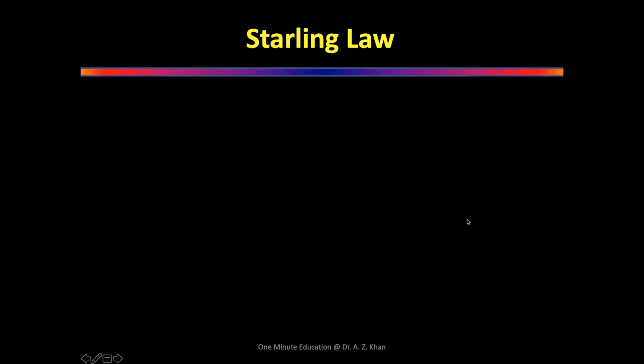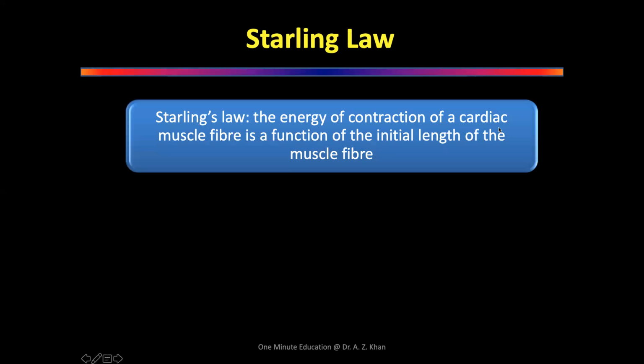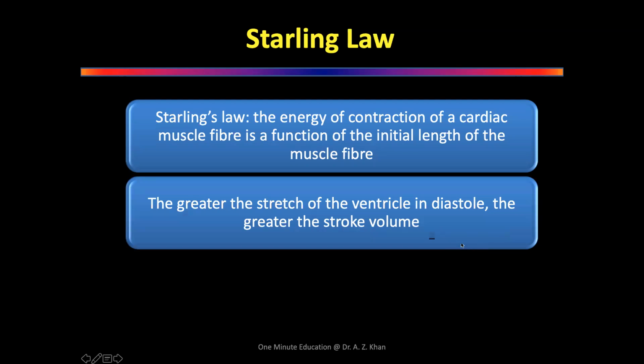Okay. Tell me Starling's law. Frank-Starling's law is the force of contraction of the muscle is dependent on the initial stretch the muscle has. Excellent. So how does that correlate into clinical practice? Up to a phase of cardiac dysfunction, if you increase the preload, the heart is able to compensate and maintain stroke volume and cardiac output by maintaining Frank-Starling's law.